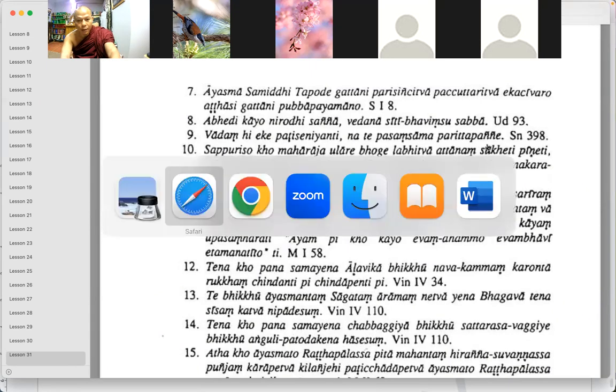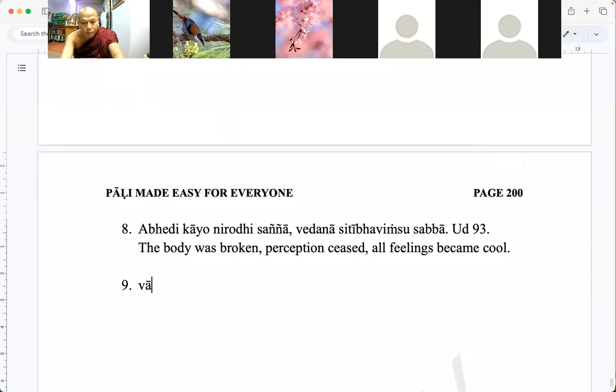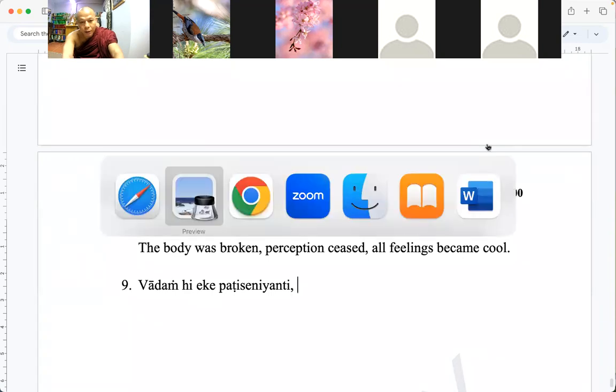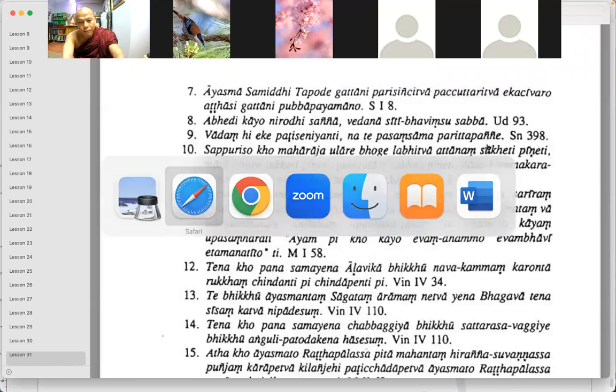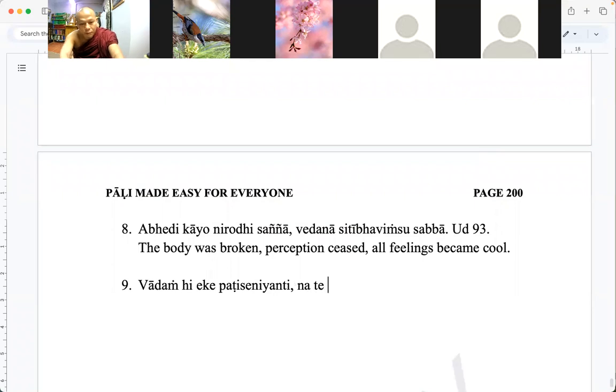Wadahi eke patiseniyanti. Patiseniyanti, and then so nade basansama paritabinye. Paritabinye.